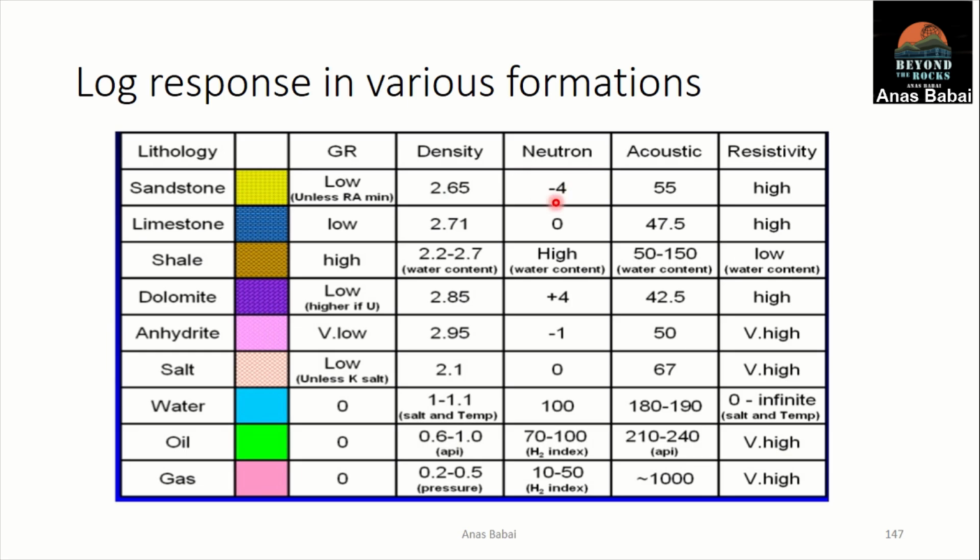The interesting thing about the neutron log is that since it's sensitive to hydrogen, if there is hydrogen, it will read high porosity. If there is no hydrogen, it will read low.